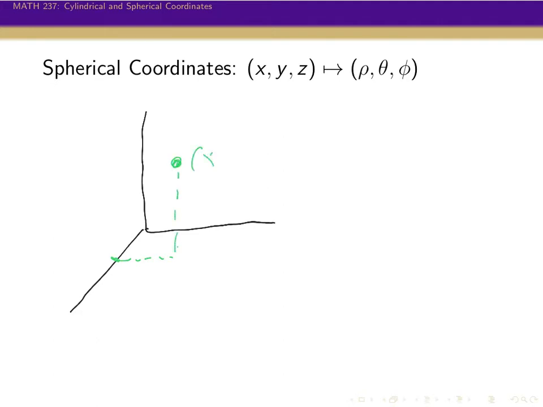We're going to rewrite it in different coordinates, and the first one looks kind of like a script P. This is called rho. It's a Greek letter rho, and the handwriting way of writing it looks kind of like that.